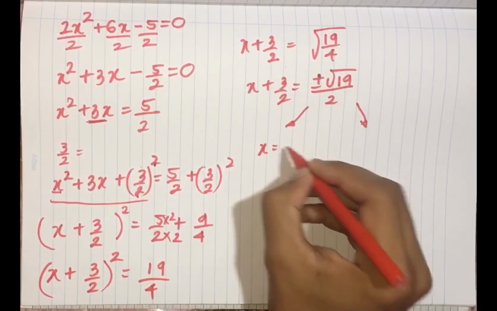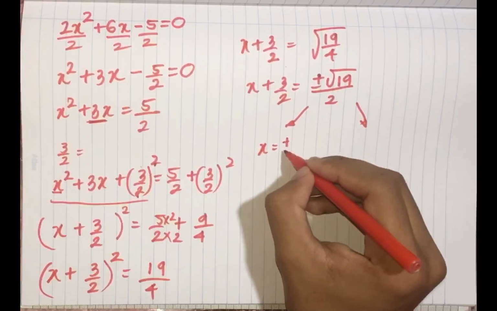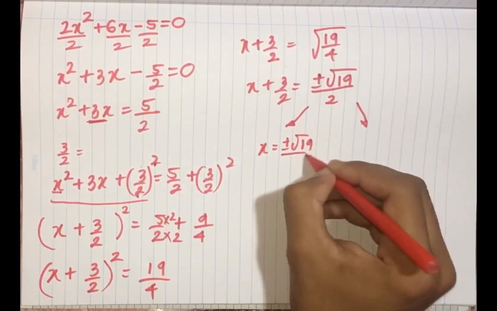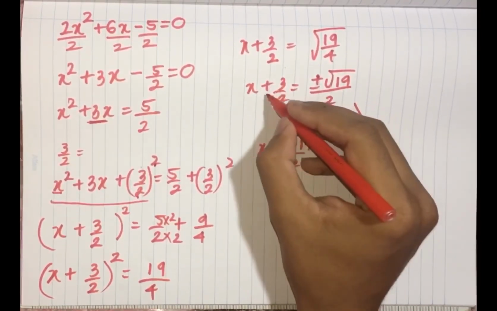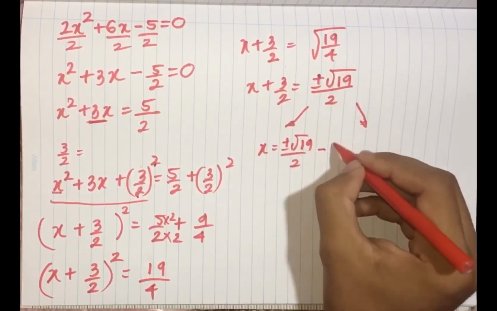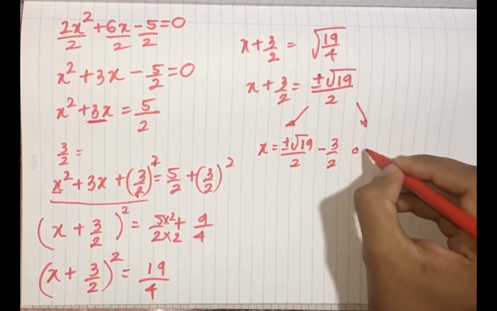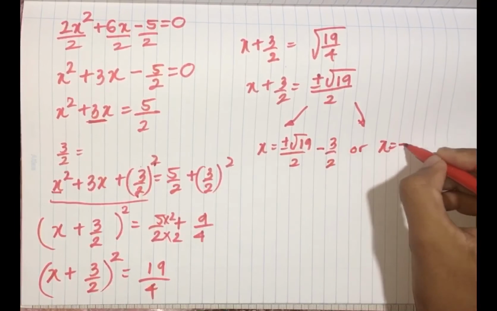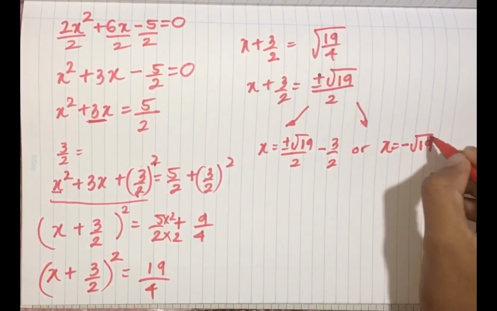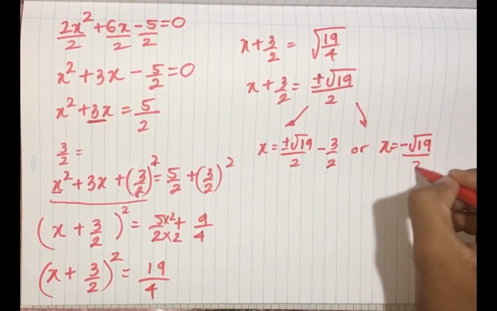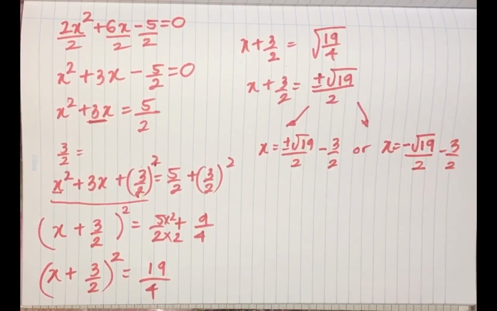One is that x is equal to, you take the plus value, plus root 19 over 2. If you take plus 3 over 2 to the other side, you have minus 3 over 2. Or you take the minus value of root 19 over 2 minus 3 over 2.